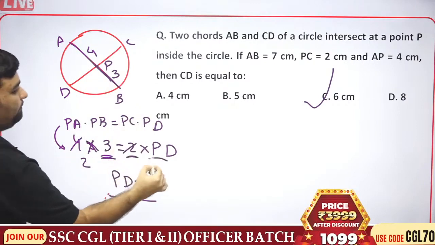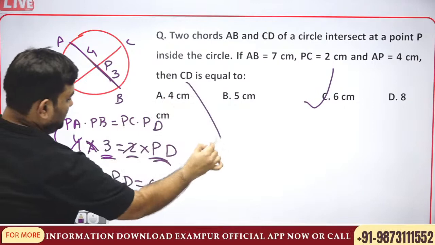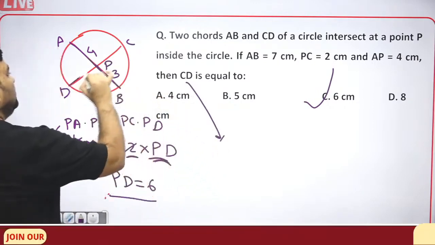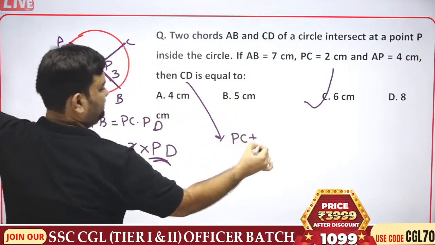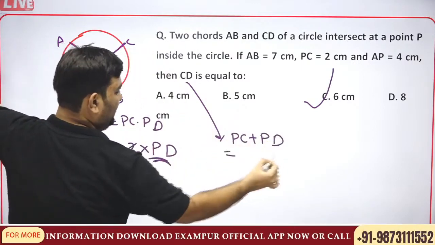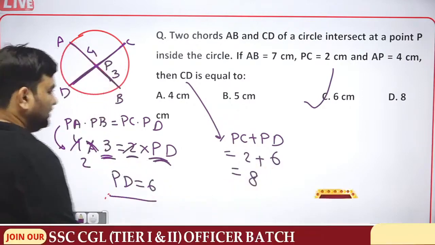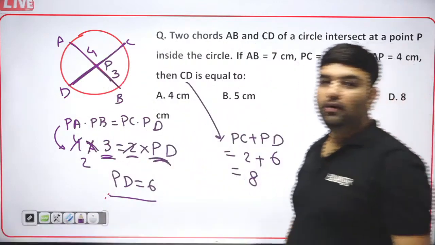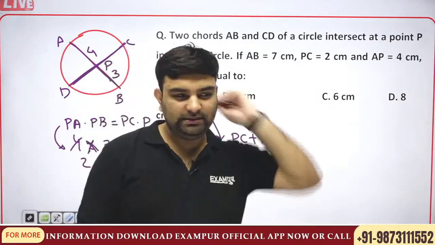PC is 2, PD, okay, CD is being asked. So CD is PC plus PD. PD is 6, PC is 2, so 8. Oh, you were correct. Okay, they are asking for CD.